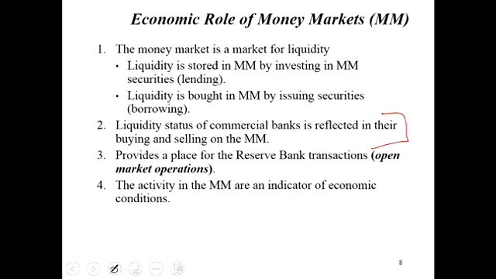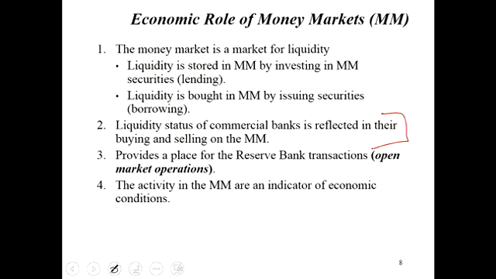So basically looking at how the demand for money market securities will usually show us if they need more liquidity. And so basically if one of the commercial banks is short on liquidity, then they'll go and sell their money market securities in order to get more liquidity.